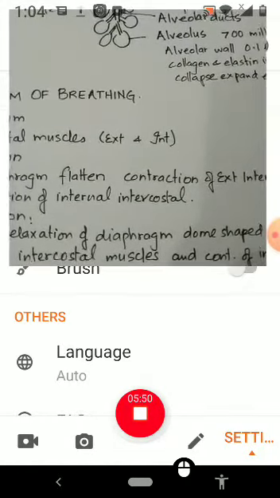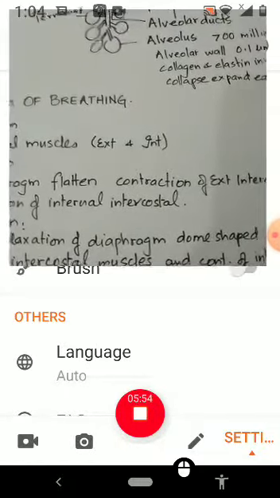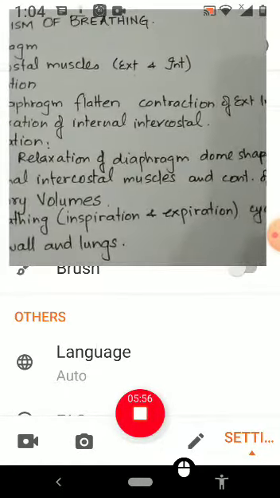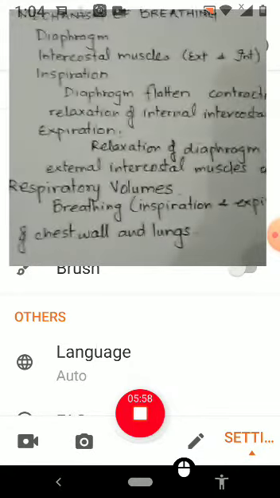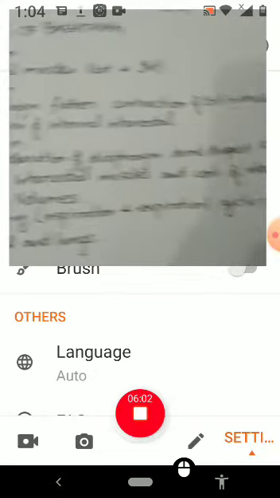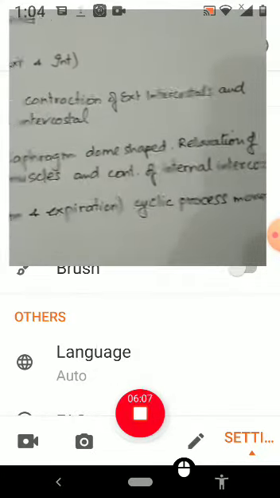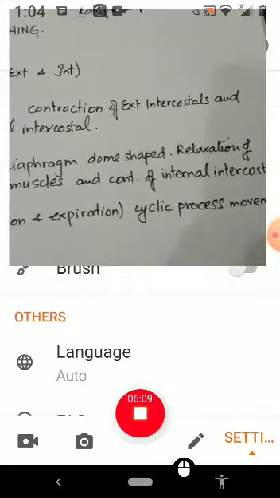This caused the rib cage to move upward and forward. In case of expiration, the external intercostal muscles relax and the internal intercostal muscles contract.